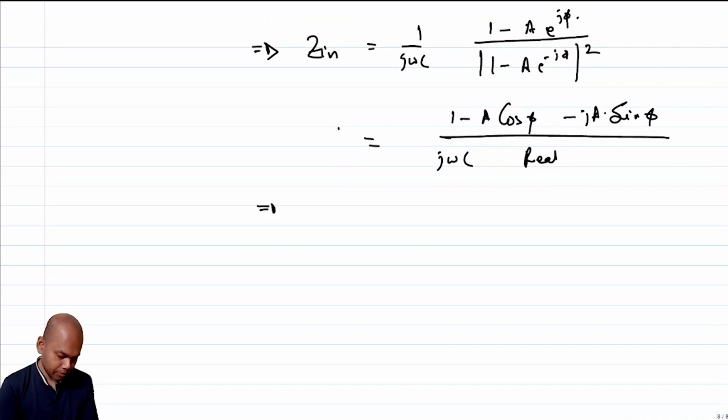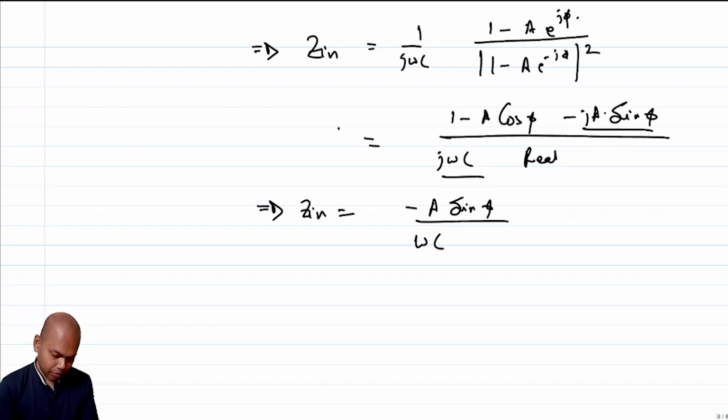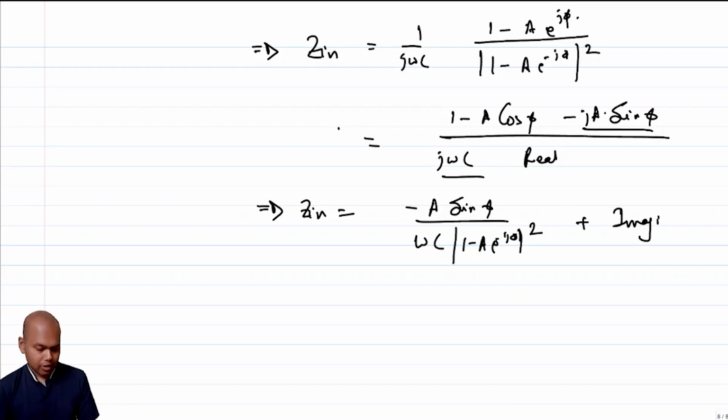Which essentially means that your Zin has a real part which is equal to this, and this combined becomes minus A sin phi by omega C times mod of 1 minus A e to the power minus j phi whole squared, plus an imaginary part, right?